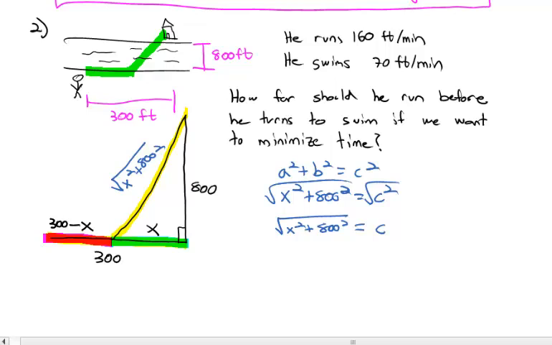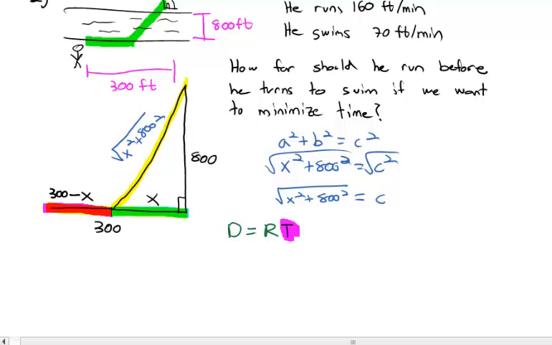We want to minimize time. You might remember that distance is equal to rate times time. And we want to minimize the time. So how do we get the time alone? If we divide both sides by the rate, we find the time is equal to the distance divided by the rate. We just calculated the distances, and we've been told the rates.